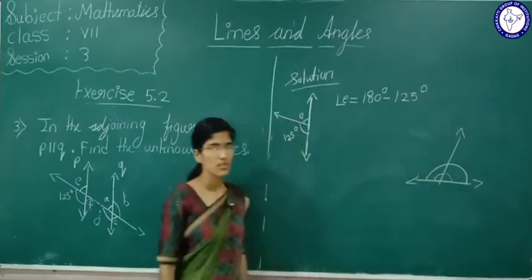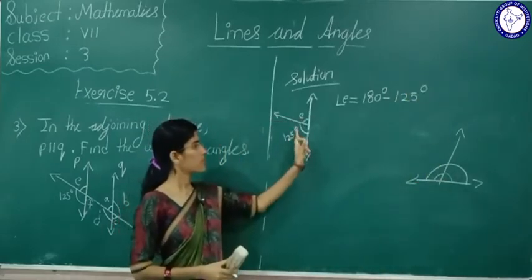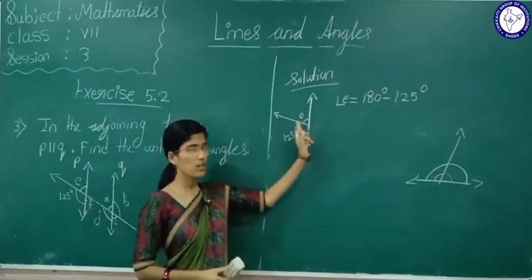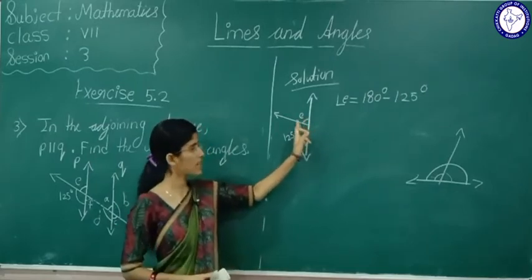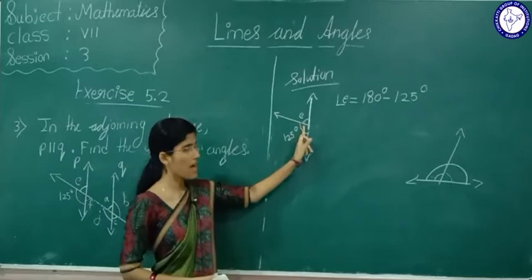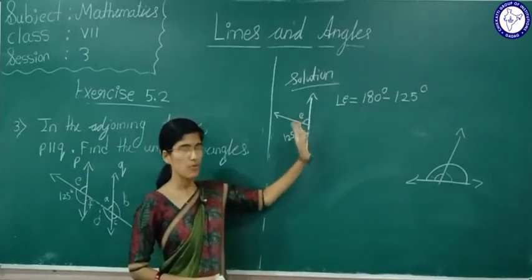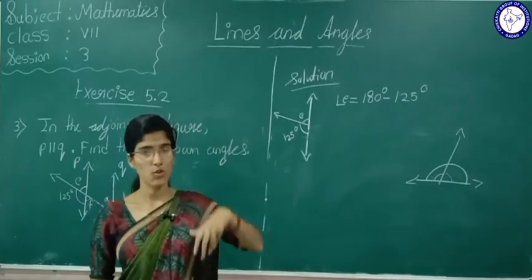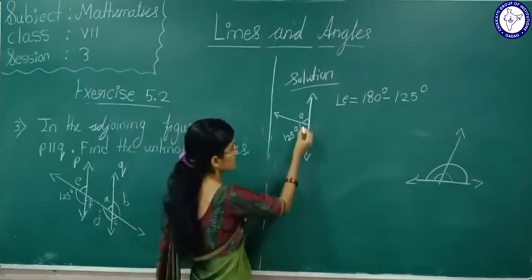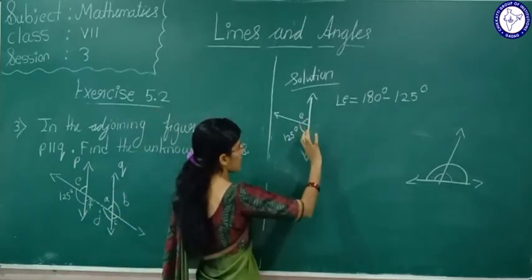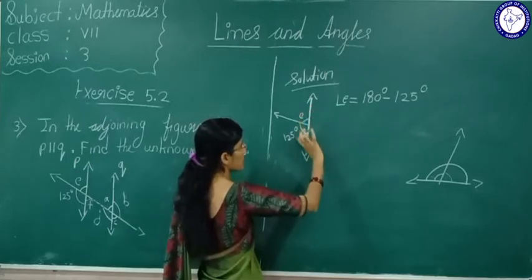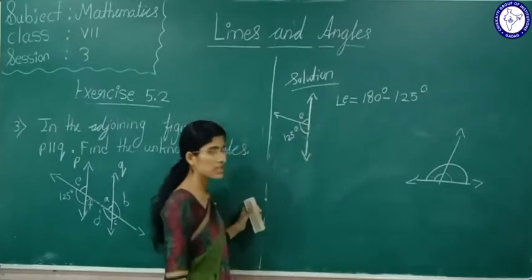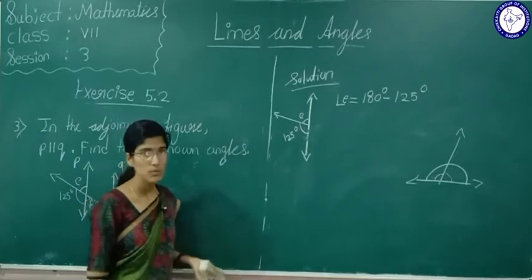Am I right? Adjacent angles mean same vertex, same arm, and the two arms are on either side of the common arm. Definitely these are adjacent angles, and if the sum of adjacent angles is 180 degree, that forms a linear pair, right?